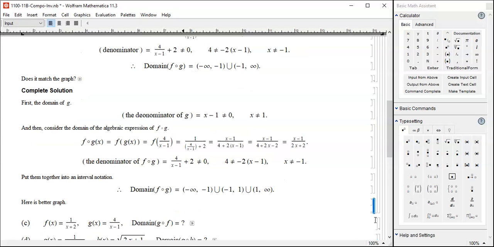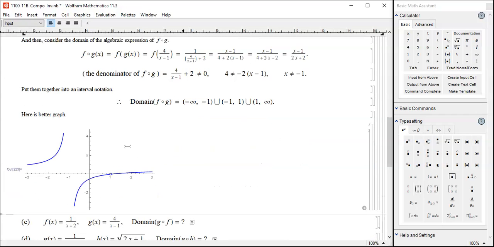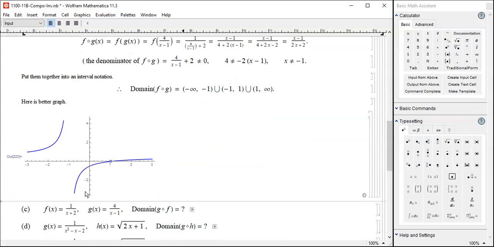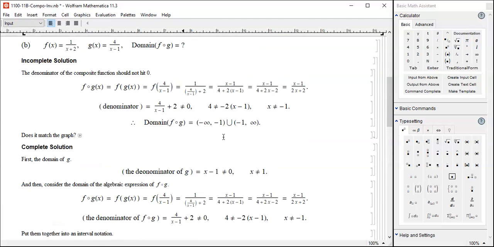Here's a better graph. We have a vertical asymptote here, but here we have a hole. If you just rely upon technology, the graph will not find this. Actually, there's a hole at x equals 1. That's where the function g is not defined, but if you look at the algebraic expression of this, it is well defined.